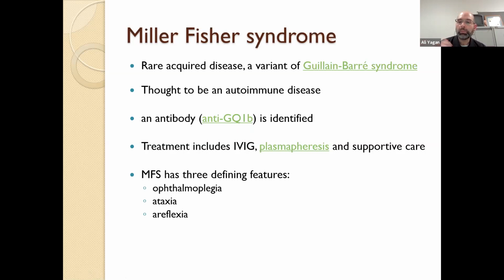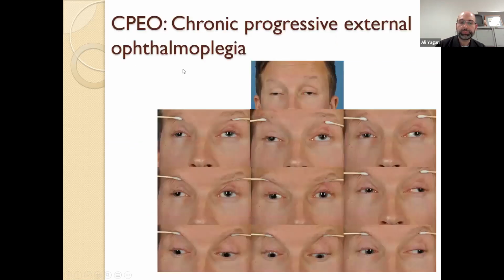So when you get more than one cranial nerve palsy together, you have to remember that it could be this, and it really needs to be investigated, because treatment is usually neurological. You either do a plasma exchange or intravenous IGs.